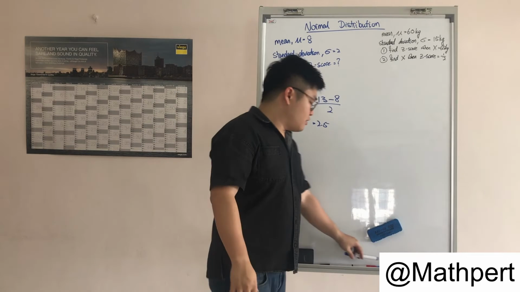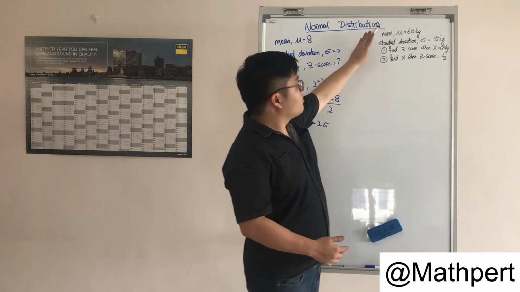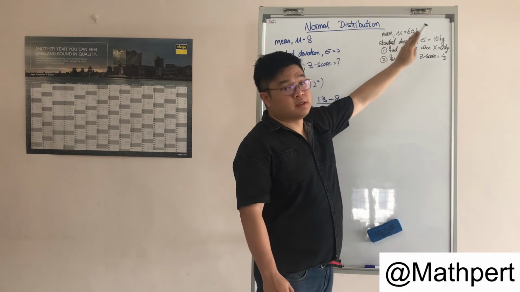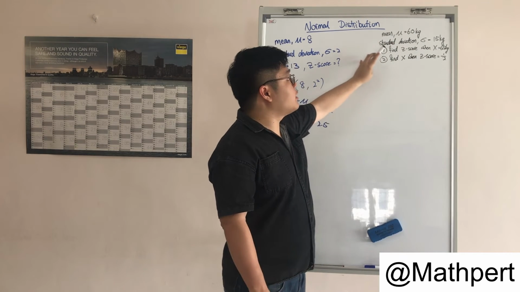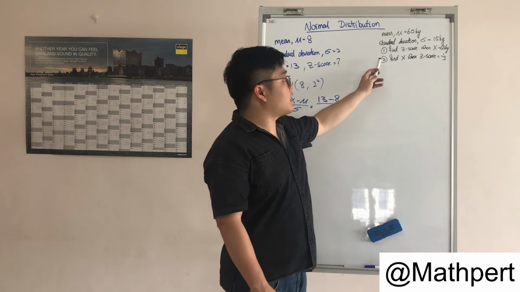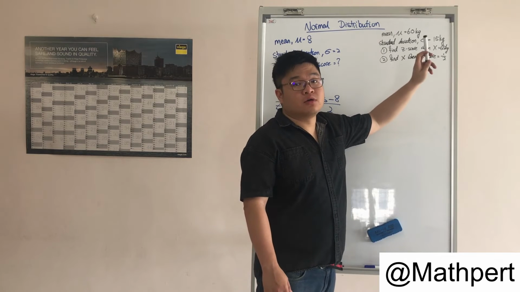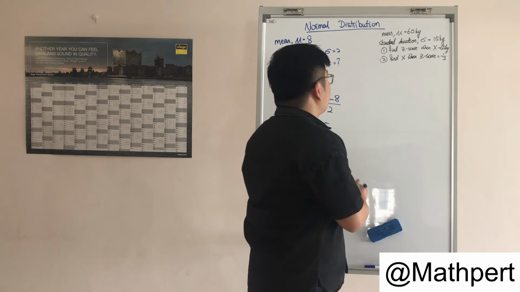Next, let us look at another question. Given by the question, the mean is 60 kg and the standard deviation is 15 kg. There are two parts to the question. First part, we are asked to find the Z score when X is equal to 65 kg.